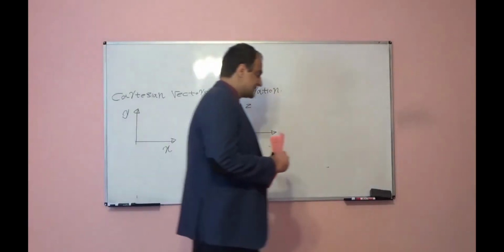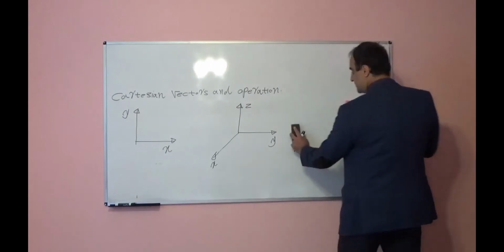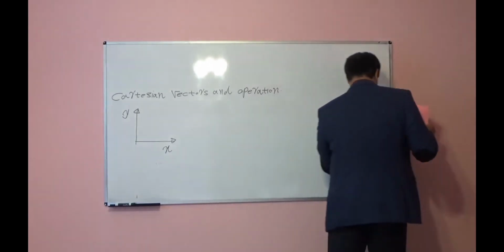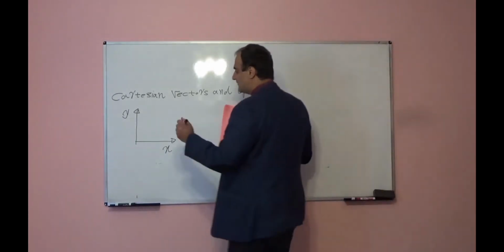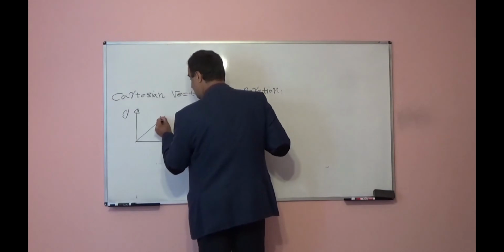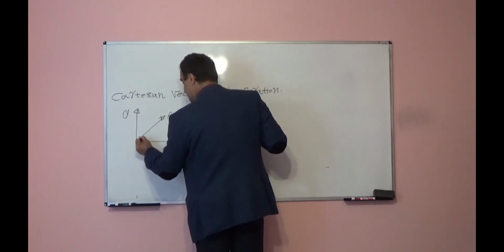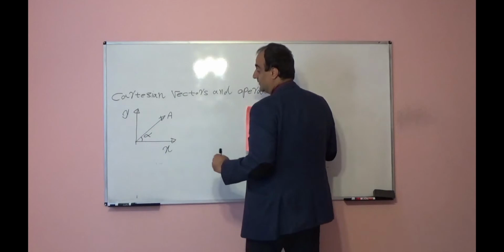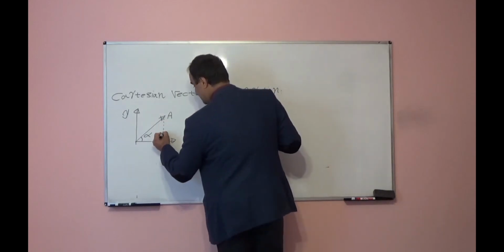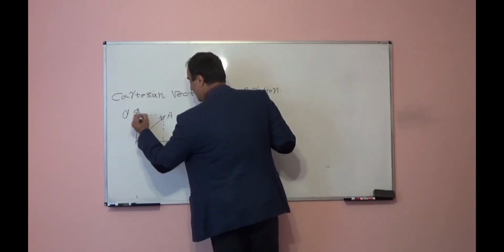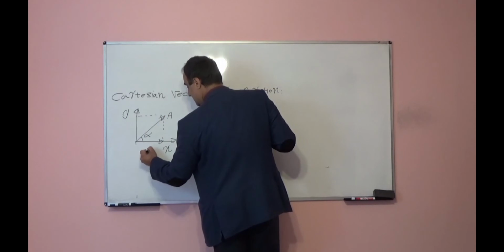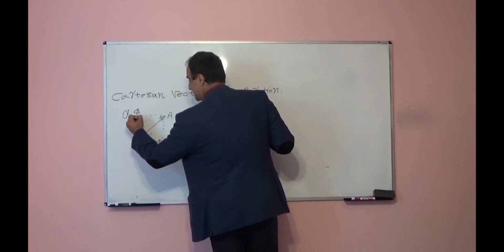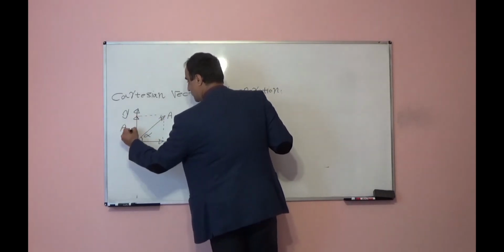Let's focus first on the 2 dimension, 2D system. If we have one vector like vector A and this angle is alpha, we can decompose this vector in the x and y direction. This will be Ax, this will be Ay.